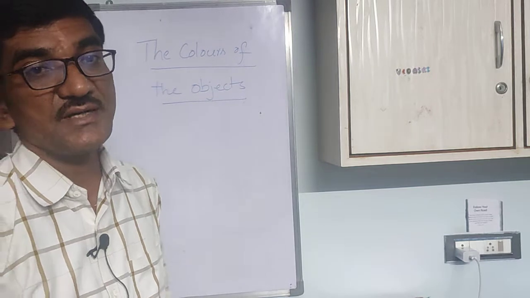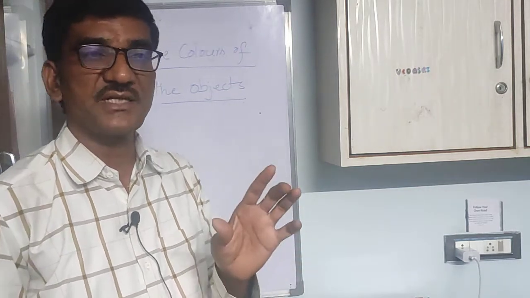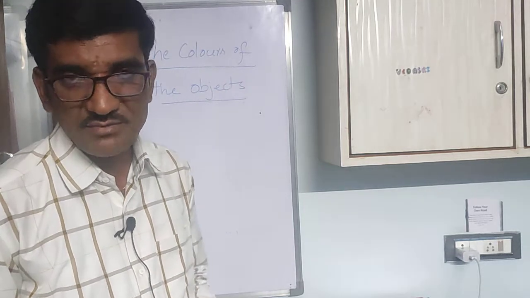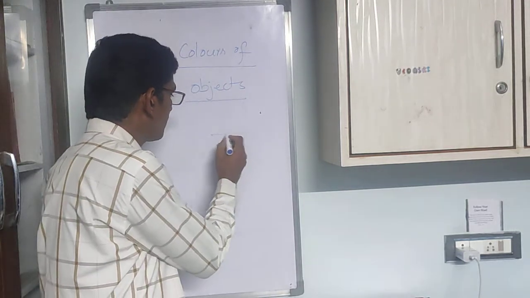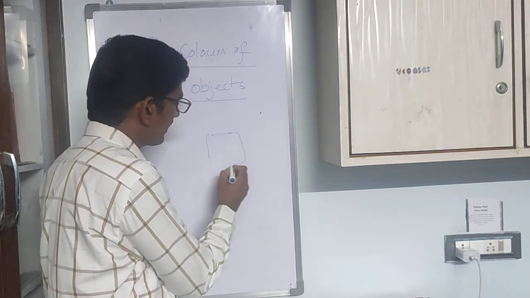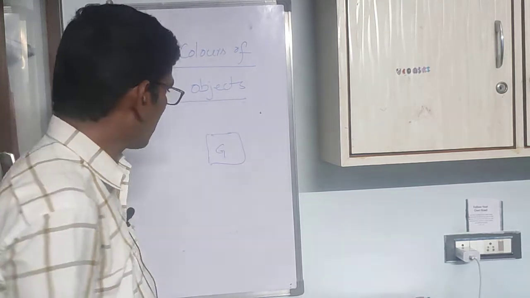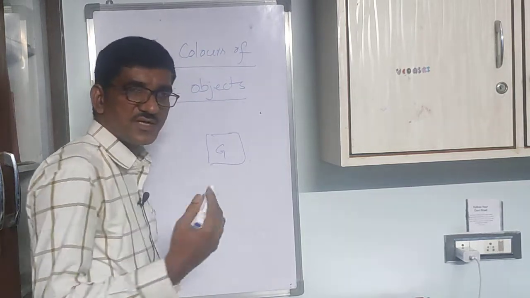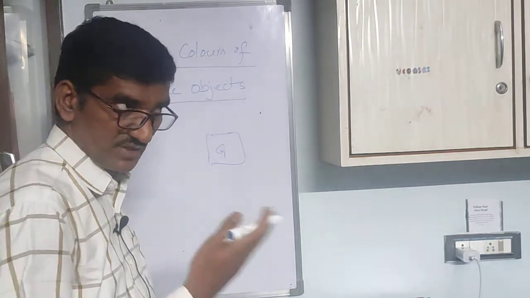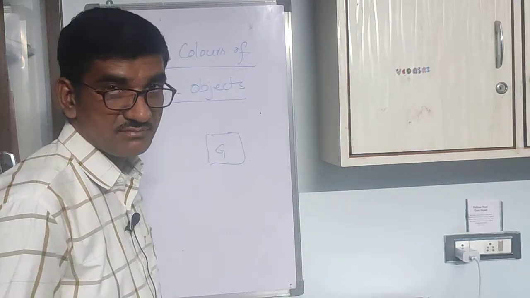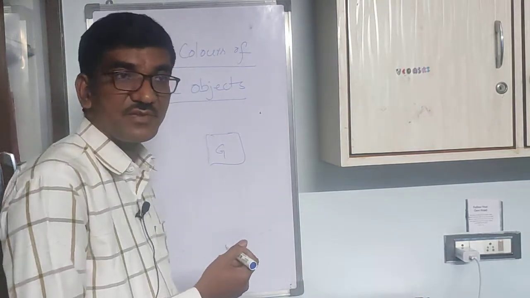It is only transparent to the light which we are using, which means it is not absorbing any light. Suppose this is a glass plate. Naturally, whenever you expose this glass plate to the sunlight coming from the sun, what happens?